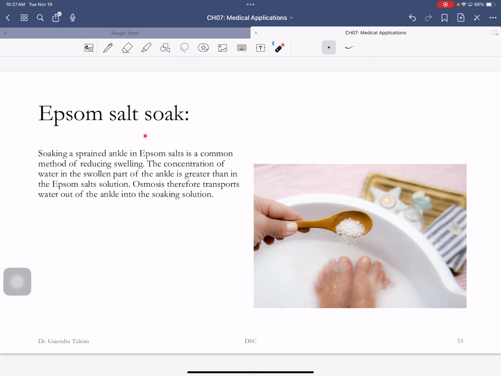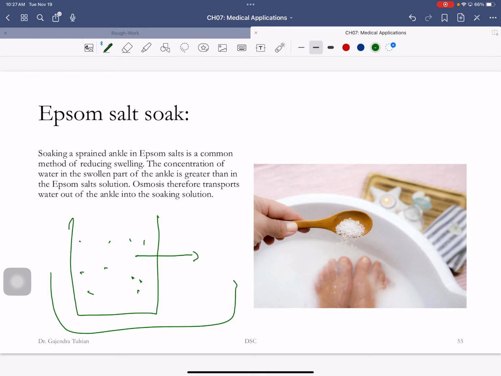So again, osmosis is transport of water. You guys have probably heard of this Epsom salt soak. What is the problem that you're trying to solve with the salt soak? And how are you solving it? When do you do a salt soak? Yes, so let's say your feet are swollen, there's a lot of water in your feet, and to get this water out, all you have to do is surround them with a solution where there's less water.